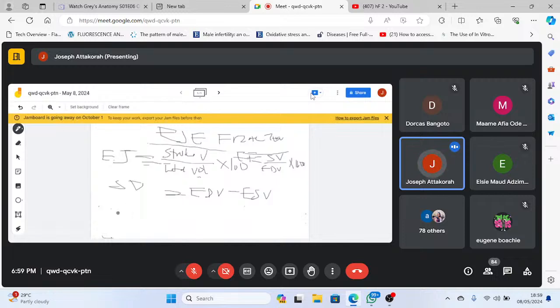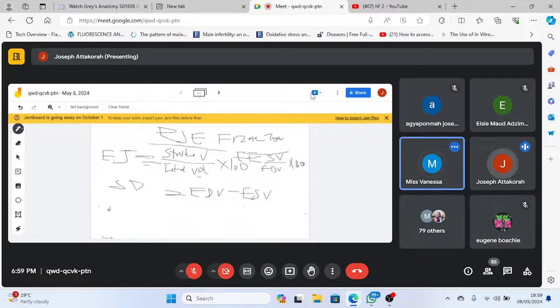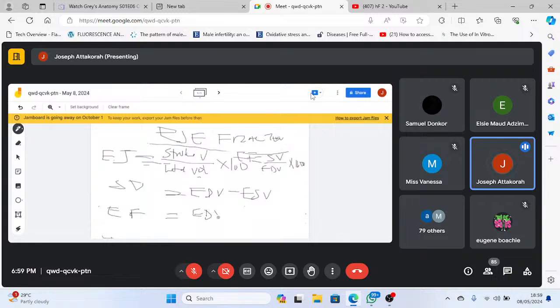And therefore, ejection fraction will be expressed as end diastolic volume minus end systolic volume, over end diastolic volume, times 100.